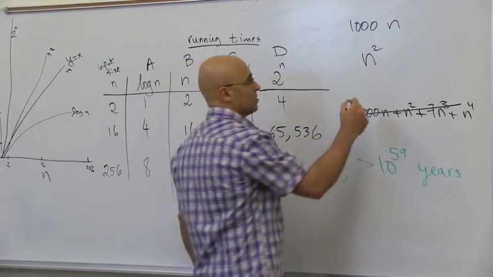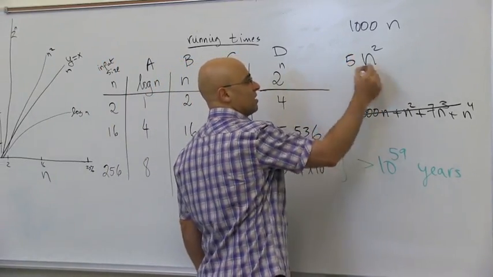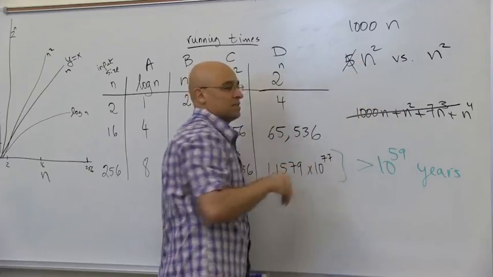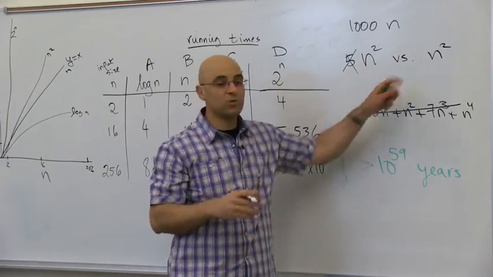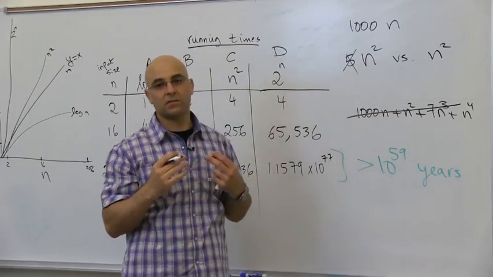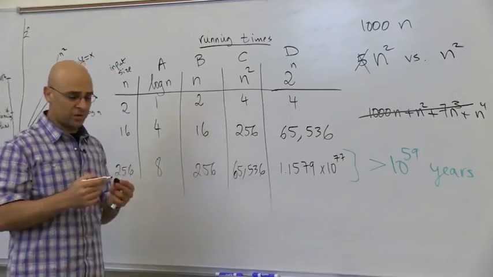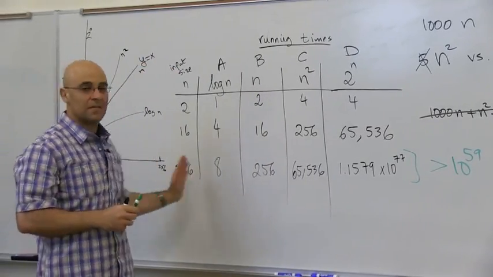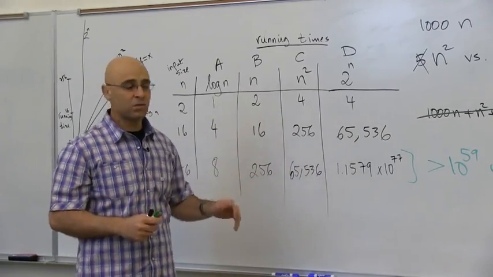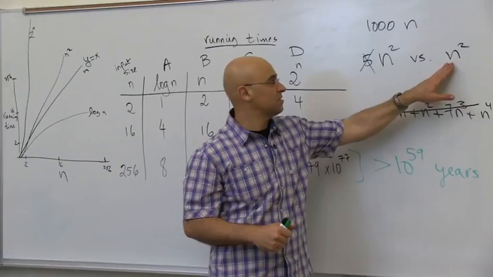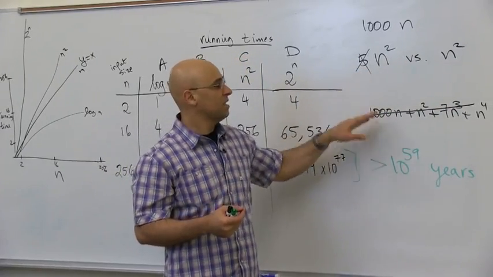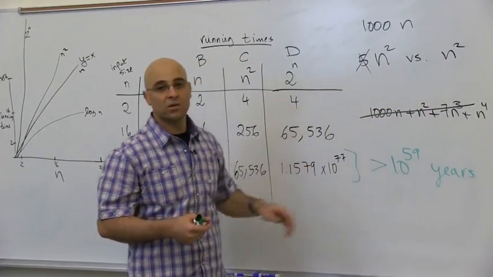Further, when I look at 5n squared versus n squared, I can ignore this constant because n squared is going to be the dominating term rather than that 5. The 5 is not going to make a big difference. So when we look at growth of functions, we are really interested in running time as the input size grows to infinity. And as the input size grows to infinity, we can focus on dominating terms and start ignoring multiplicative factors, constant factors, and lower order terms.